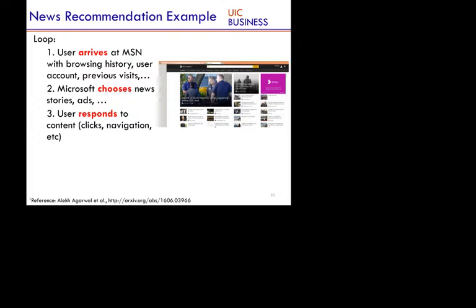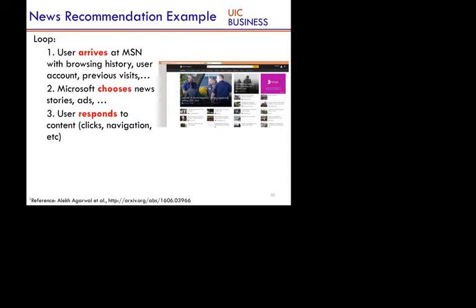So there is some information about the user, and that can be the feature vector. The company which runs that website can choose the stories or ads or other things that it wants to show on that web page, and the user is going to respond to that content through clicks, by spending time on that website, reading stuff, and so on.